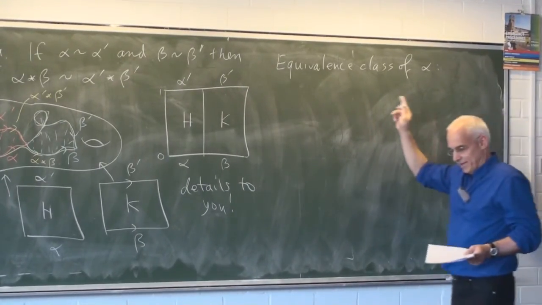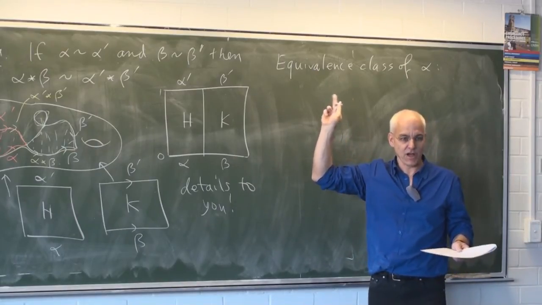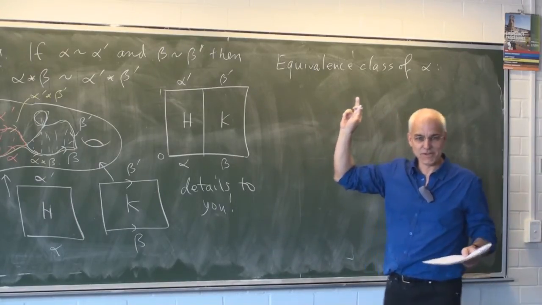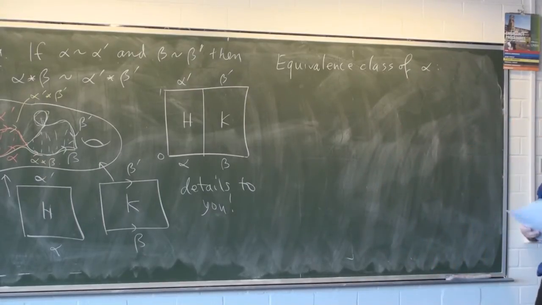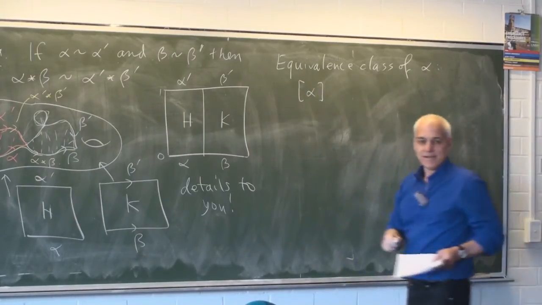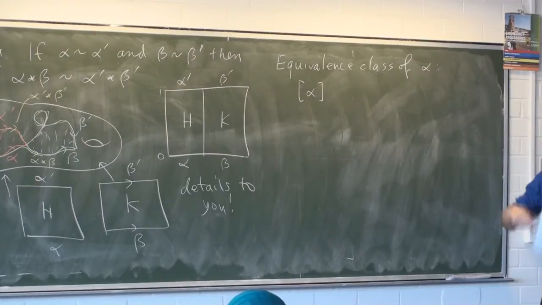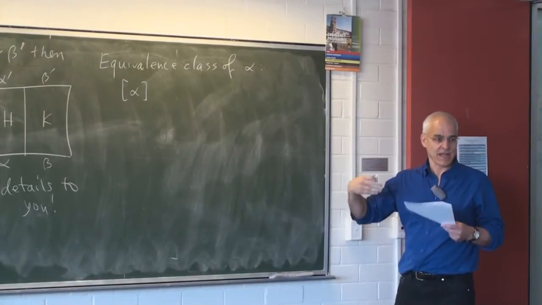Now, strictly speaking, this usually involves some abstract set theory that I do not approve of, because equivalence classes invoke all kinds of infinite objects, which I find unacceptable. But anyway, the standard thing is to define an equivalence class like this as the set of all paths which are homotopic to alpha. To me that's incomprehensible. But I still want to talk about something like that.